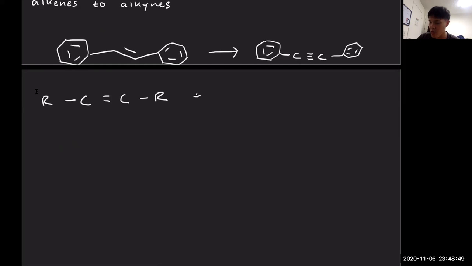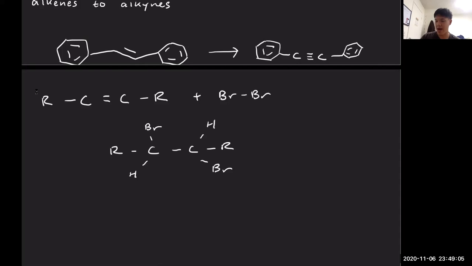If we react it with a dihalogen, right, if you remember, it forms something like this, where I have the Br here, C, and then the R group, and then the Br here, right? These have H's, something like that, right? And then notice that this is a stereocenter, and this is also a stereocenter. So we can actually do an E2 reaction with this, right?